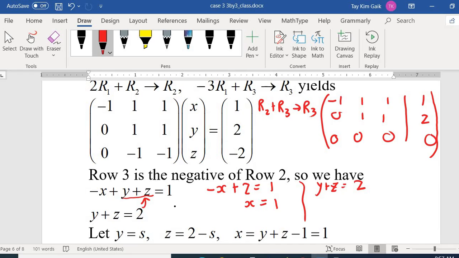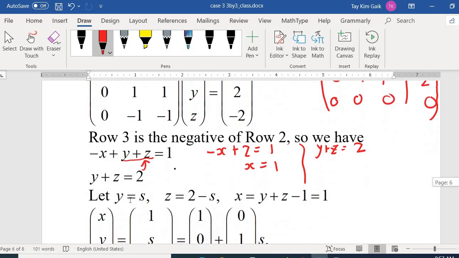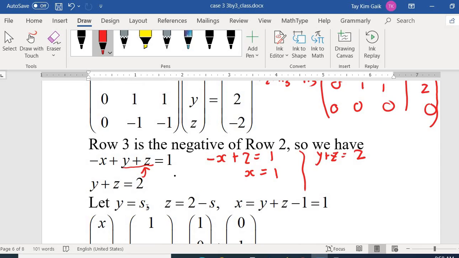And then from y plus z equal to 2. Again, for a repeated eigenvalue, in finding v1, you let y equal to s. Finding v2 also you must let y equal to s. Finding v3 also you must have the same assumption, y equal to s, otherwise you won't get the nice pattern here. So s plus z equal to 2, so z is 2 minus s.